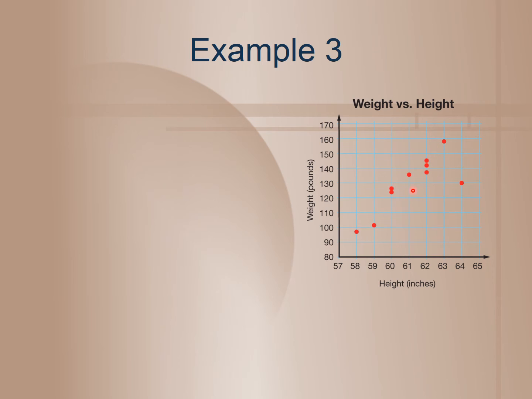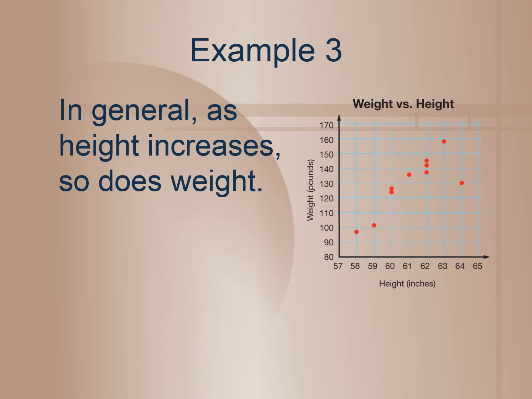They're really close together, so they almost make a line. So we'll say that's a strong positive correlation. If the points were kind of loose and not really together, we would say that was weak. And if we couldn't tell if it was going positive or negative, if the points were all over the place, we would say there was no correlation, like they didn't make a trend, right?